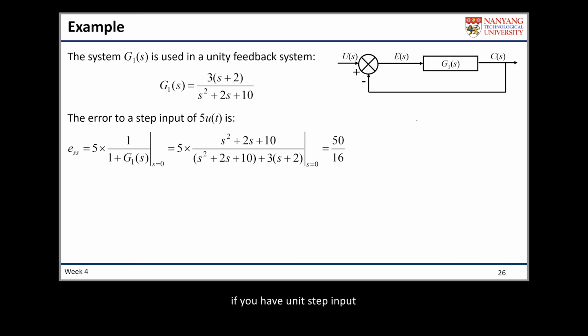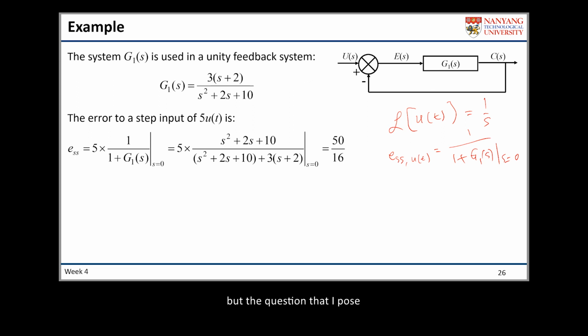The unit step input in the Laplace domain is equal to 1 over s. Based on the equation in the previous slide, you can evaluate the steady state error because of the unit step input. This will be equal to 1 over 1 plus G1(s) when s is equal to 0. If you do this, you can find the steady state value because of the unit step input.